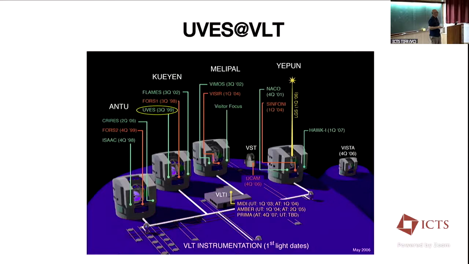I think I will stop here, but if you want to go through the slides, if you're interested in an example of such a spectrograph, I've shown the example of UVES. Together with HIRES on Keck, it was a little bit the first of its kind, using big Eschel gratings, R4 gratings.